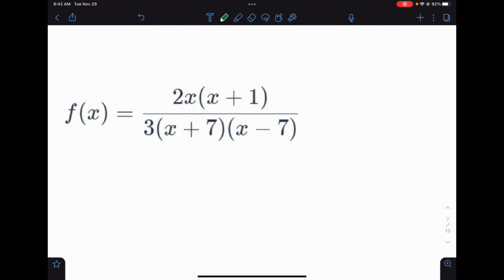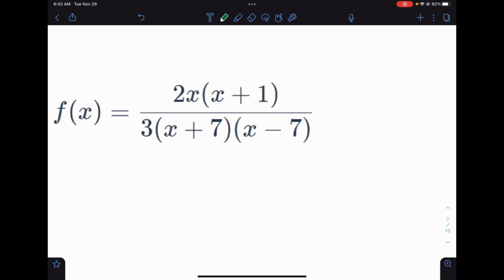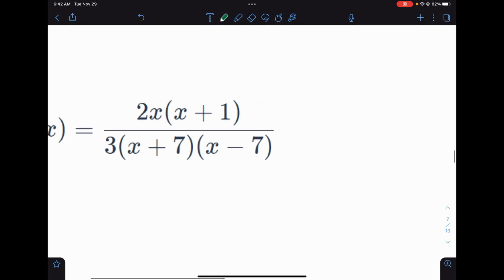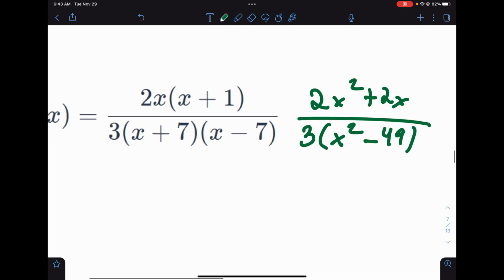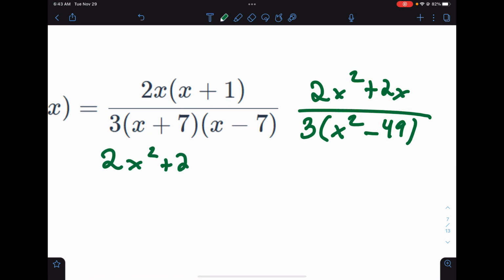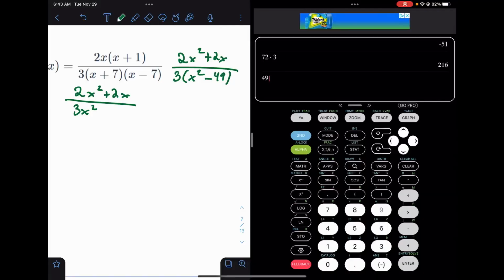Next one. All right. So we could go ahead and distribute here. We get 2x squared plus 2x. And then on the bottom, we would get x squared minus 49. We can distribute that 3: 2x squared plus 2x, 3x squared, and then I don't know what 49 times 3 is. It is 147.